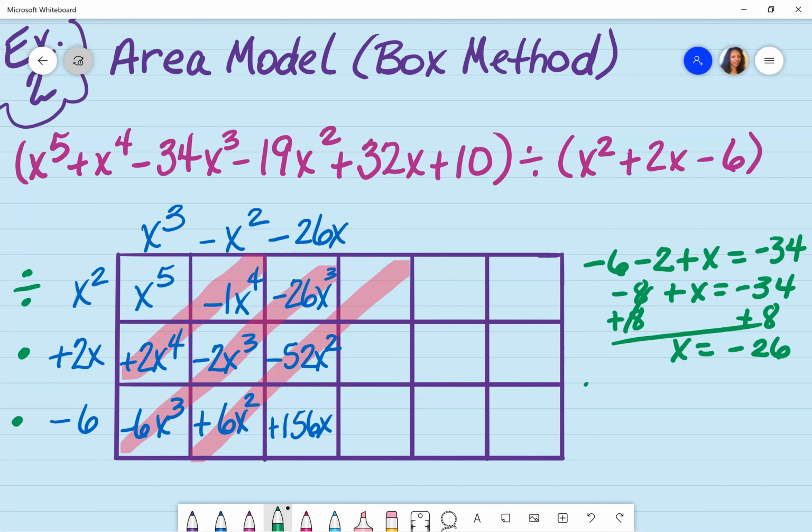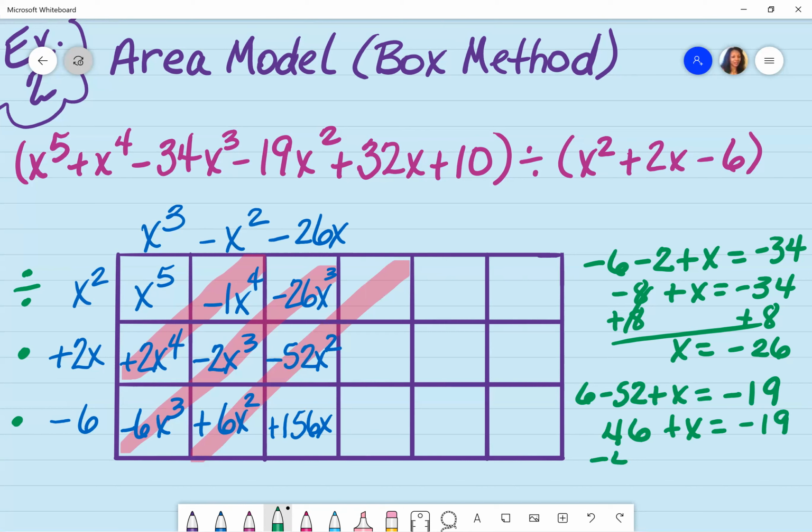I have 6 minus 52 plus something will equal negative 19. So doing my math over here, negative 52 plus 6 is going to be 46. Yeah, 46 plus x is equal to negative 19.